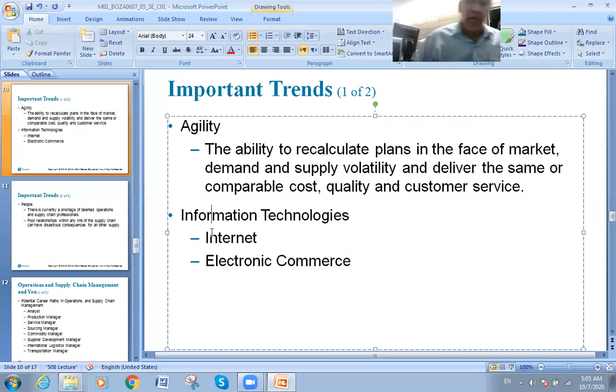Also electronic commerce, e-commerce, like Amazon.ca or whatever, or for the Chinese people, they're using Alibaba, and there are a lot of sites now very famous for e-commerce. So this is also a new trend.